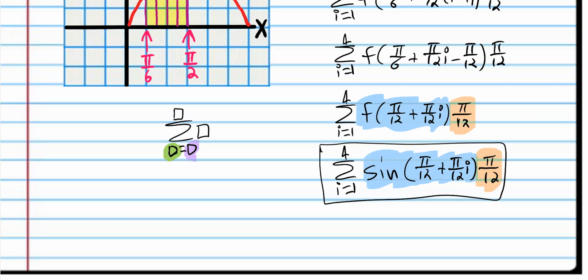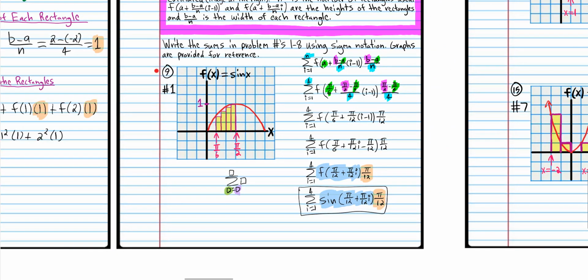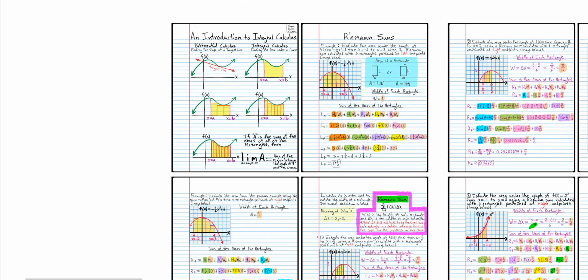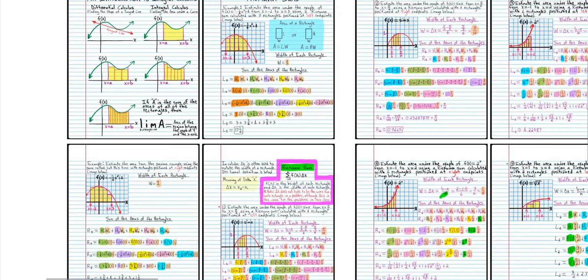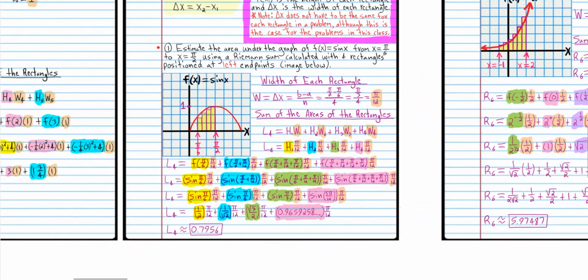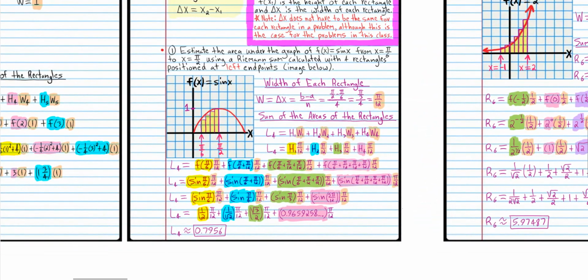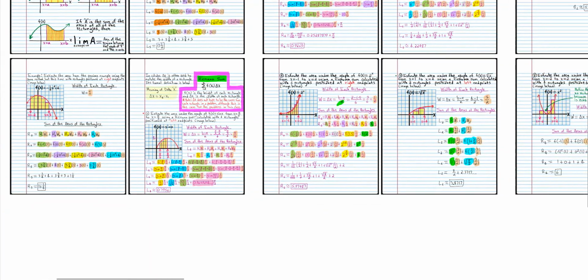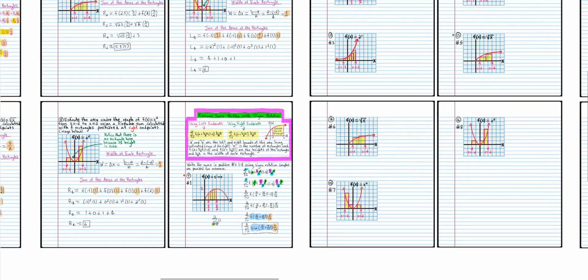And if you get what we got for number 1, which is we got 0.7956 approximately. So if you get that number, that means that your sigma notation is correct. So that's just one way to check.